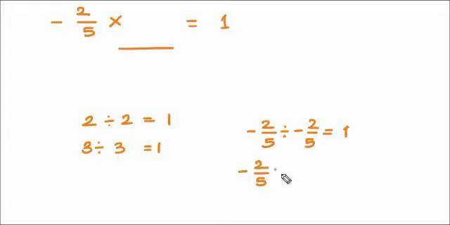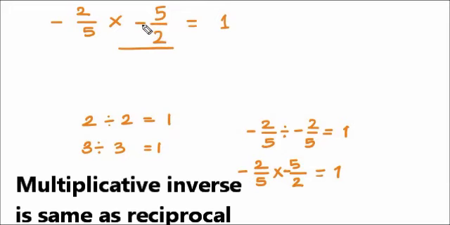The division sign becomes multiplication, and the divisor becomes its reciprocal, minus 5 upon 2. And that is going to give me the answer as 1. So the multiplicative inverse of a rational number is its reciprocal. Reciprocal of the number is our multiplicative inverse in the case of rational numbers.